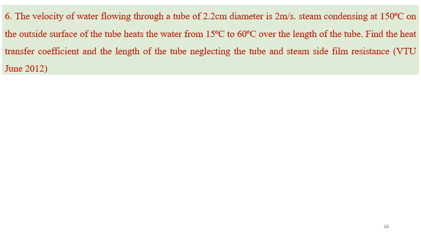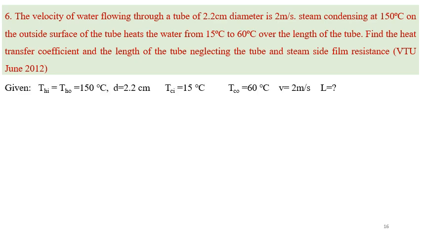So Thi is equal to Th naught because it is a condenser, so its latent heat is given. Inside, water is flowing at 2 meter per second, and its inlet and outlet temperatures are 15 and 60 degrees centigrade. They asked to calculate the heat transfer coefficient U and the length L, neglecting the tube and film side resistance.